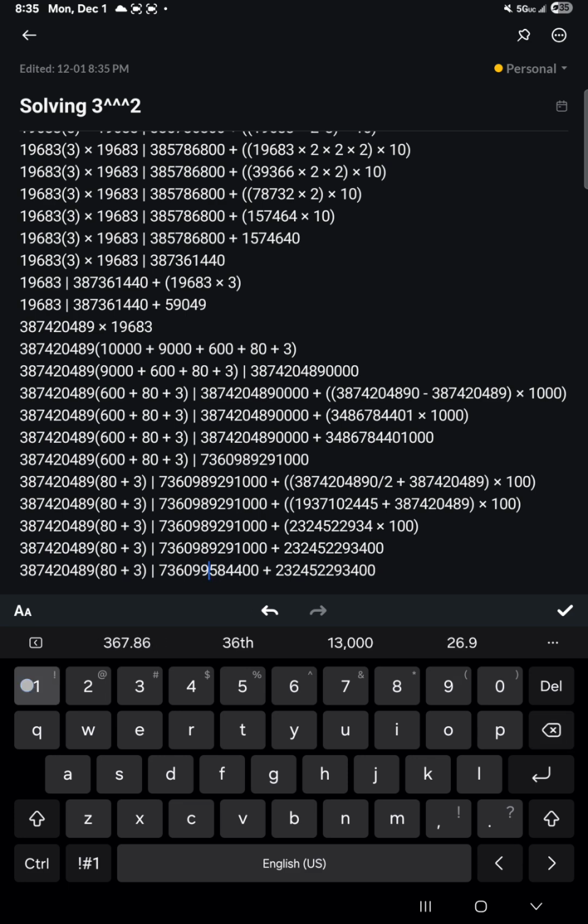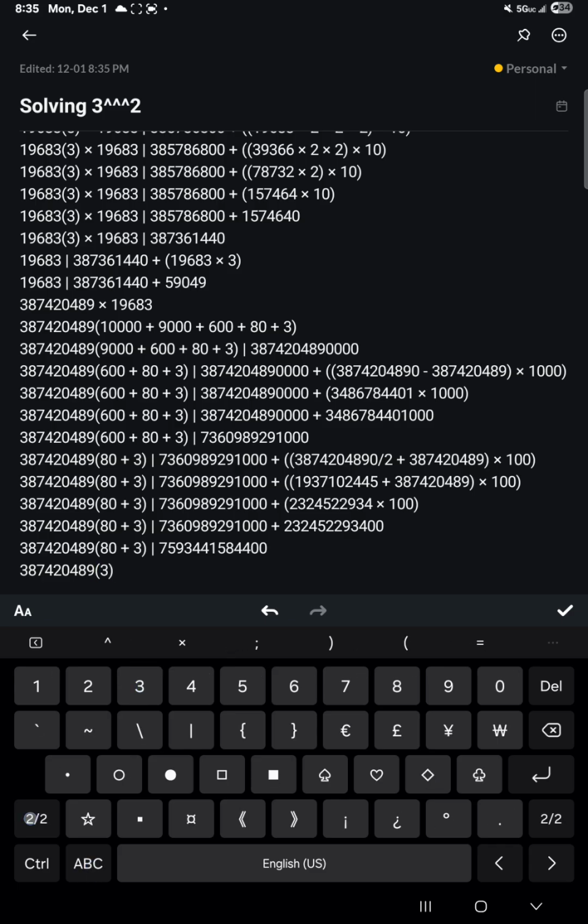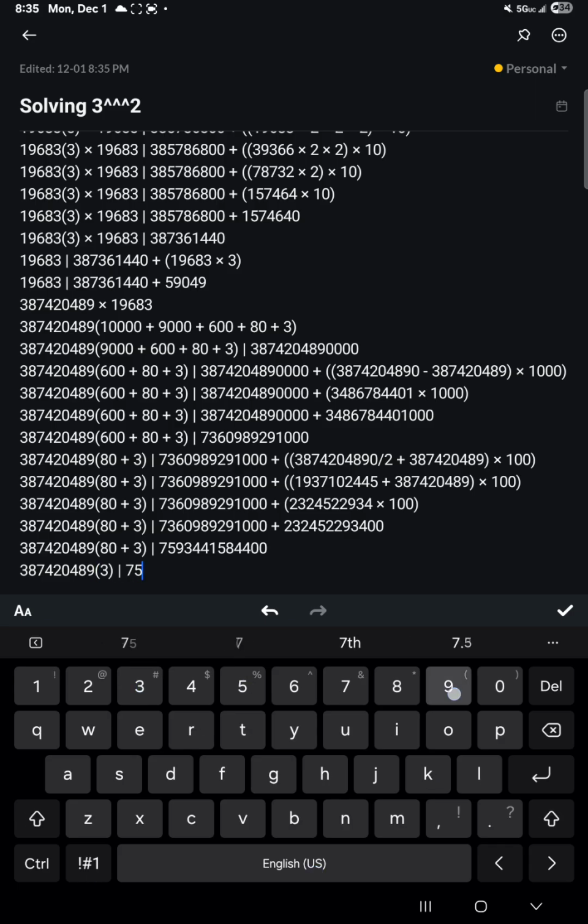This is just 91. 4, 3, 9, 5. Oh, I am getting close. Well, guys, you think I'm actually gonna get a right answer? I do not know. 3, 4, 4, 1, 5, 8, 4, 0. Let's see if I get it right.